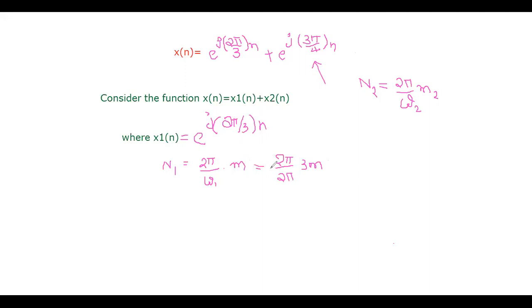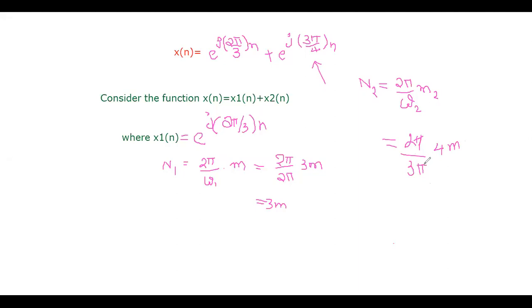You should forget about the m1. So you will get n1 is equal to 3m. Similarly, what is pi to here, omega to here? You will get 2 pi by, what is omega to? 3 pi by 4, that is m multiplied by m.